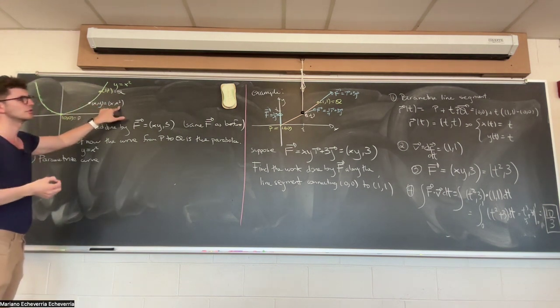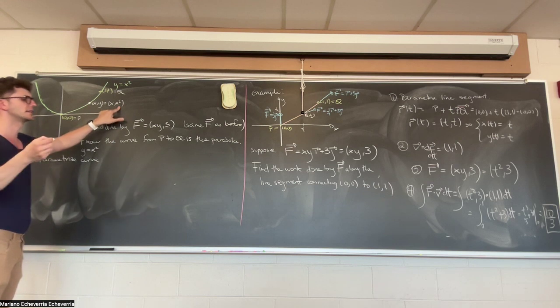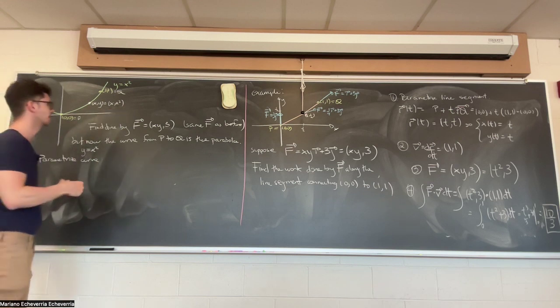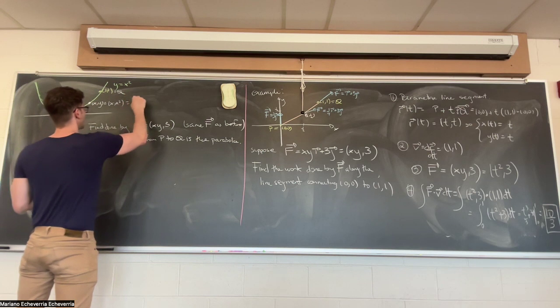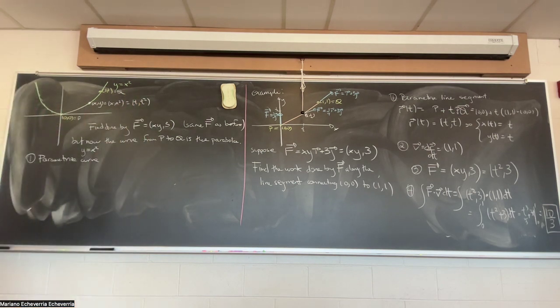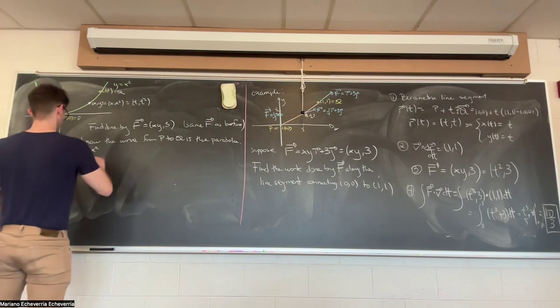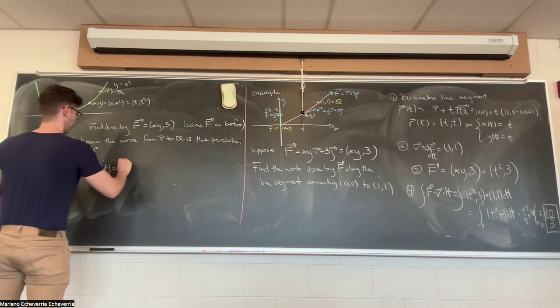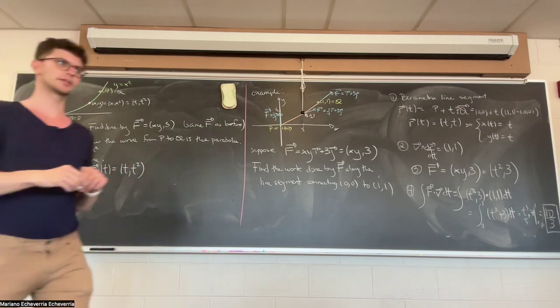And then the usual convention is just to replace x with t, so that we keep using the same variable for everything. So the parameterization of the parabola is just t comma t squared. Okay.